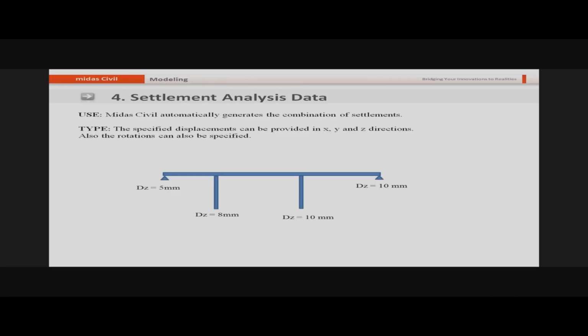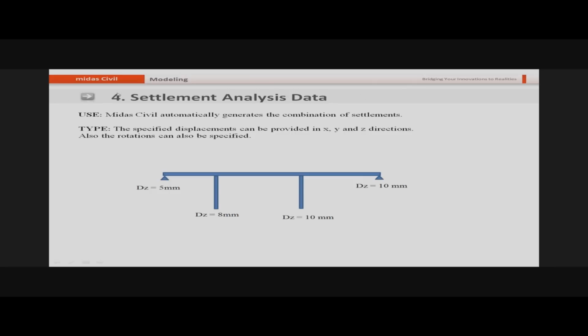Midas Civil will automatically generate the combination to obtain the maximum combination, because we know that if the structure settles by 10 millimeter from all supports, there are not going to be any stresses in the bridge. But if the settlement of this node is 10 millimeters and this node is 0 millimeter, then it is going to have very high stresses.